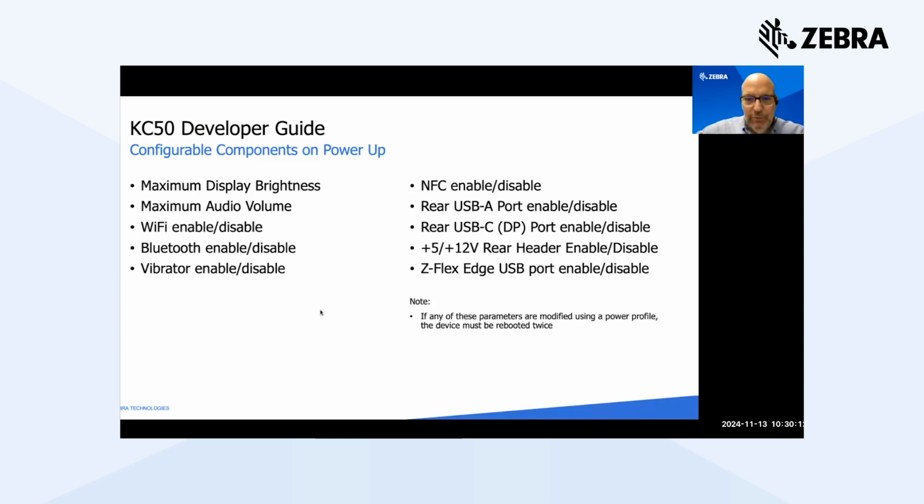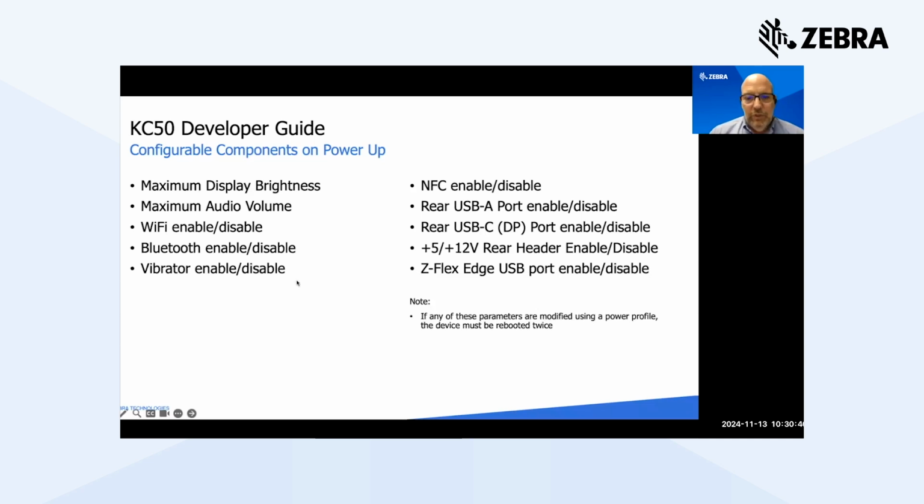You can enable and disable those, so disabling them would mean they can't be used, as well as the 4 Z-Flex edge connectors. So in addition to limiting power, customers may want to disable the edge connectors just for security reasons, so people can't plug in USB devices, because it's generally going to be in a public area.